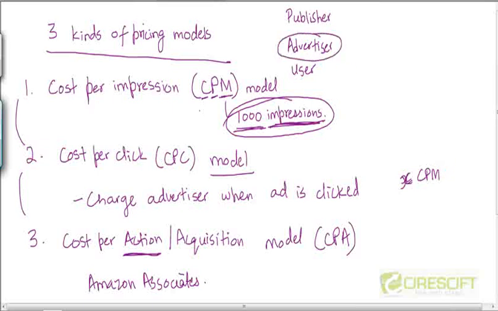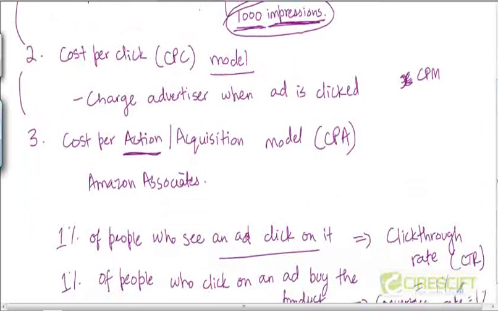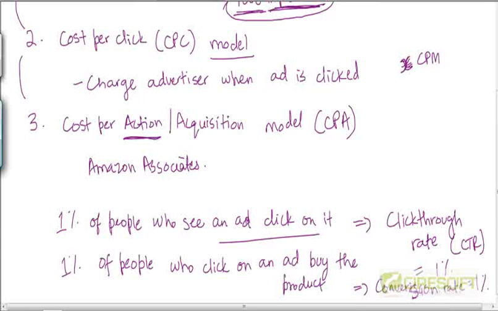So as an advertiser, let's say your cost is X CPM. So for every 1,000 impressions, you're paying X amount of rupees. How much would you pay if you were to switch to the CPC model, assuming a click-through rate of 1%? So about 100x.